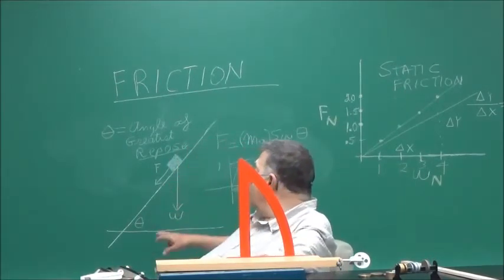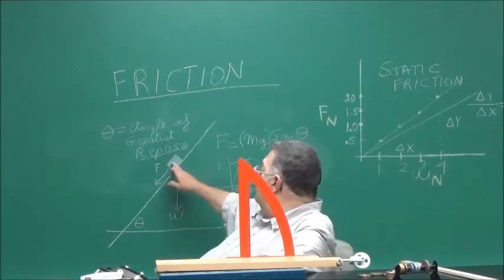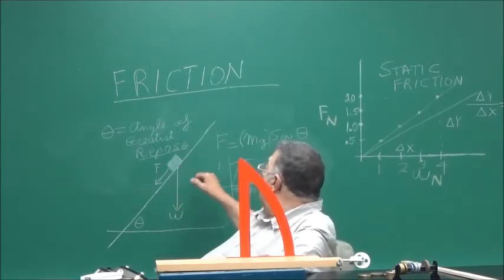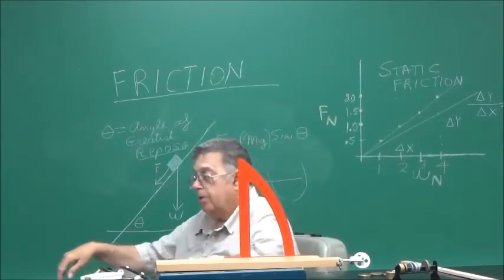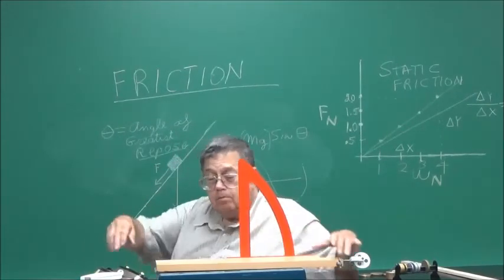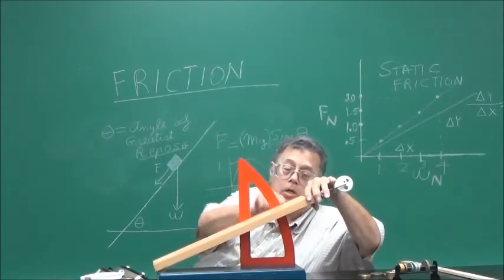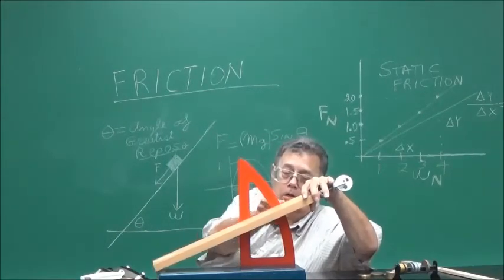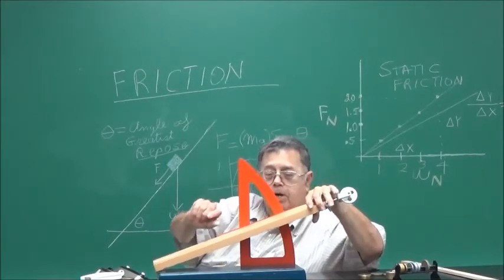So once I know this angle, and I know the mass, and I certainly know little g, I can find out what the force is pulling this down. I can just set it up there.